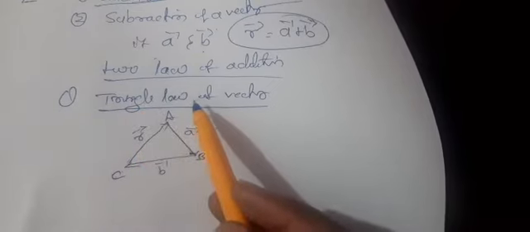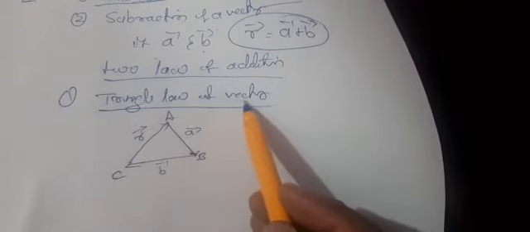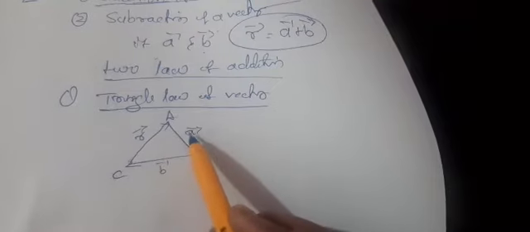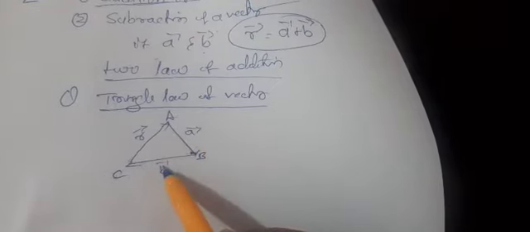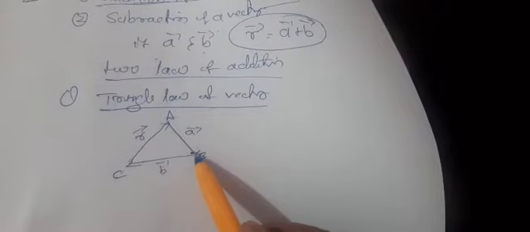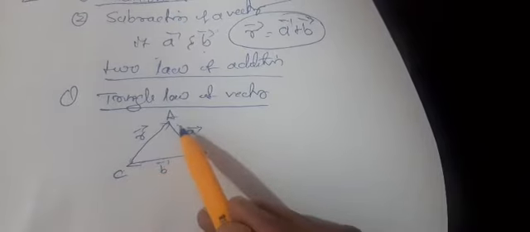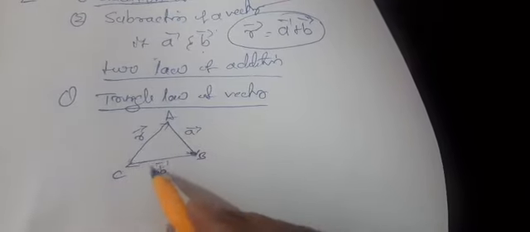According to the triangle law of vector addition, if two vectors, vector A and vector B, are acting at a point in equilibrium, they are represented by both magnitude and direction.